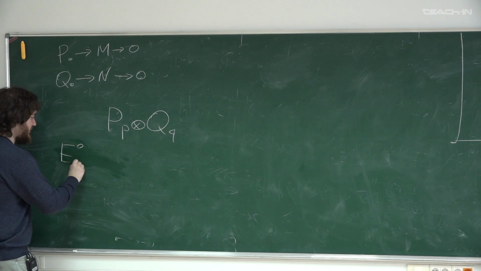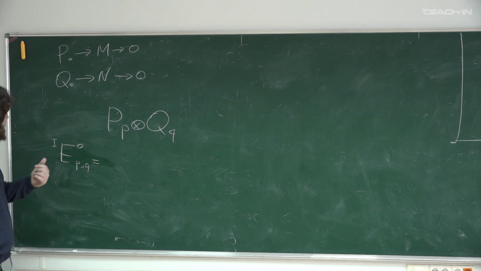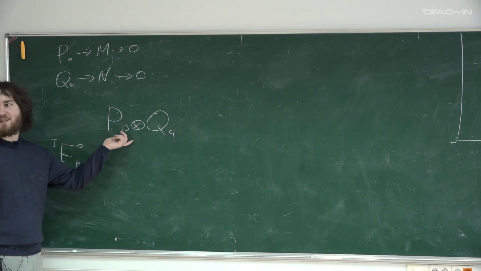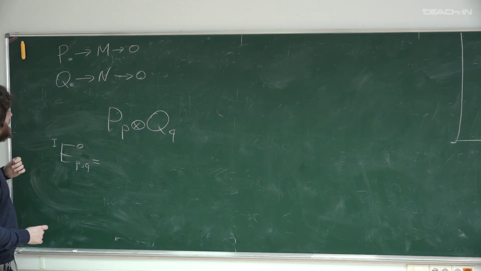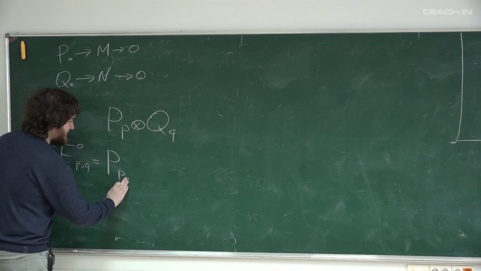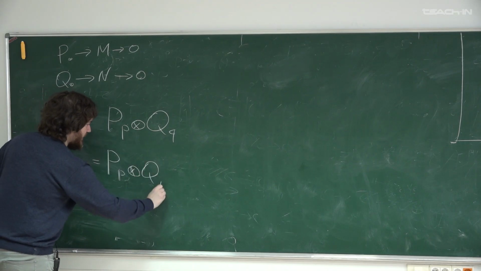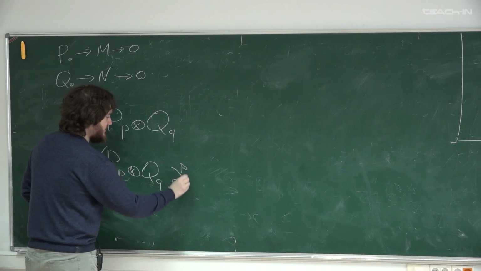The zero page of the first one, where I consider quotients, for example, for this index, is by definition this thing, where I consider the first differential, for example.